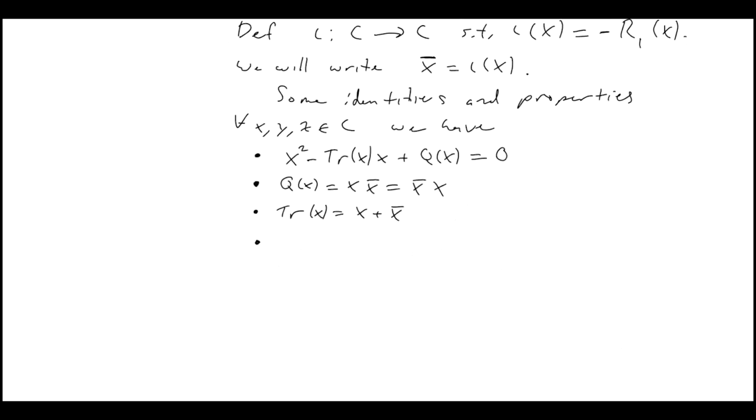All right, now I've been saying this, but I haven't actually justified it, and I don't think I will. But this bar operator that was introduced is actually an anti-involution on the composition algebra.